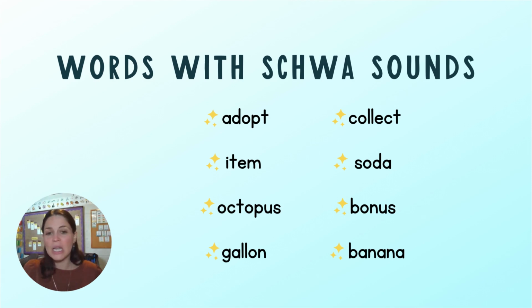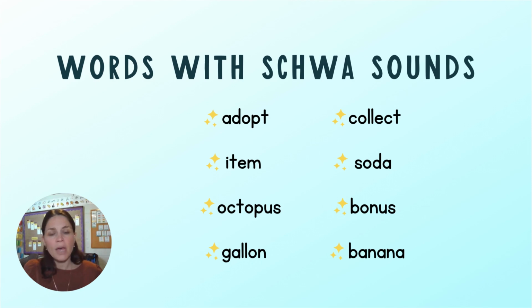Okay, so let's look at the first word, adopt. Okay, I hear in the first syllable an uh, adopt. And I can use the dog calling trick to try to figure out, well, which syllable is stressed and unstressed. Adopt. I hear the second one pretty loud and clear. So my first syllable in this word is the unstressed syllable.